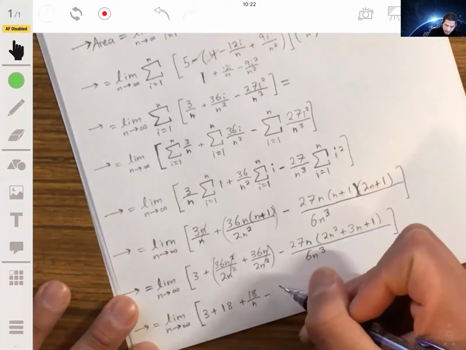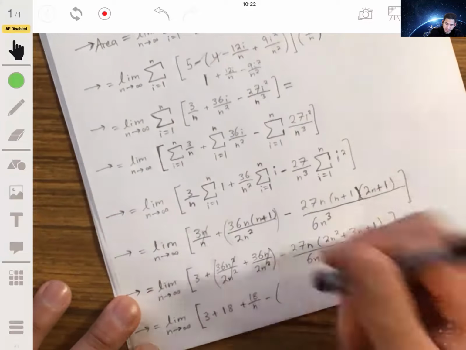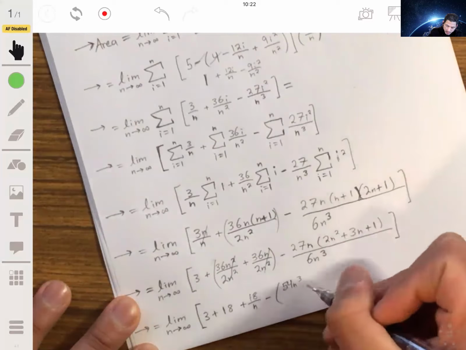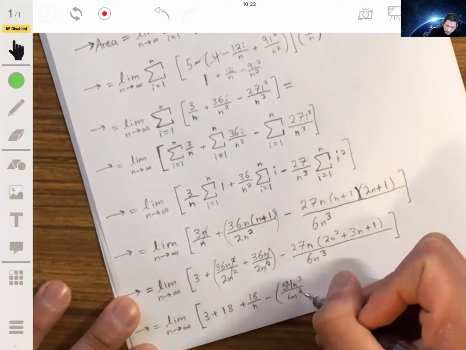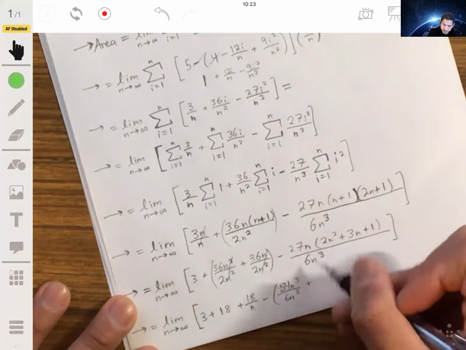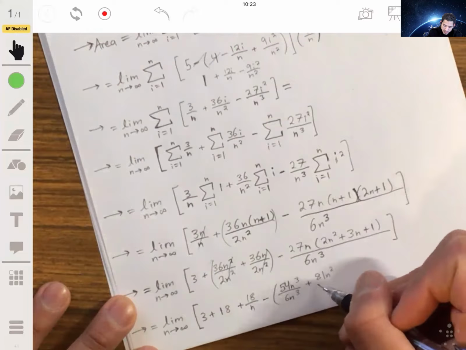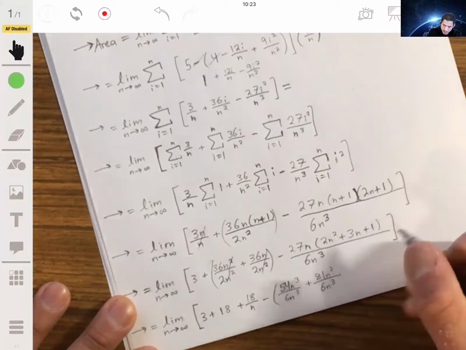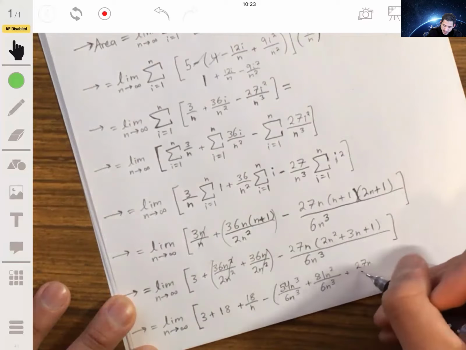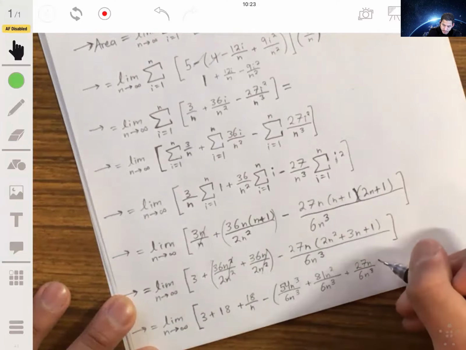So minus, I'm going to put that all in parentheses. So whoops, distribute that 27n to each of those. So 54n cubed over 6n cubed plus 81n squared over 6n cubed plus 27n over 6n cubed.